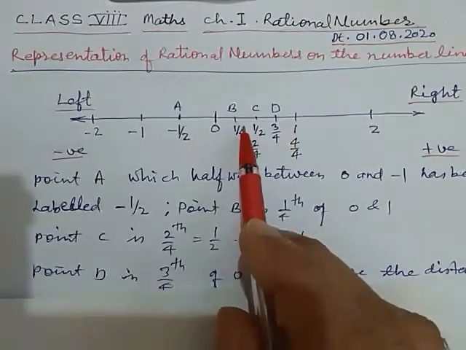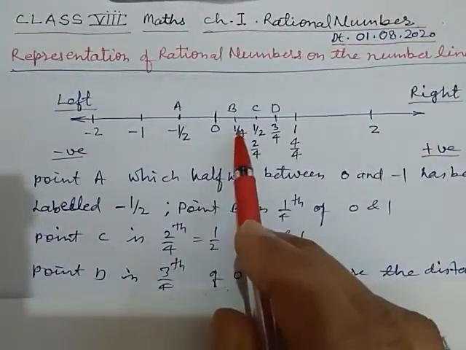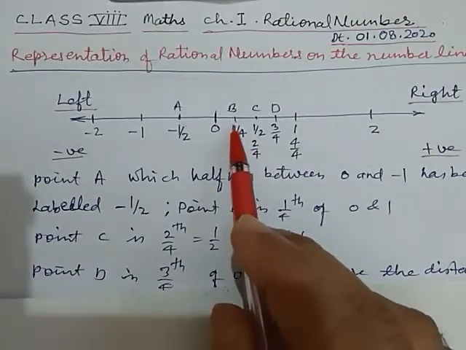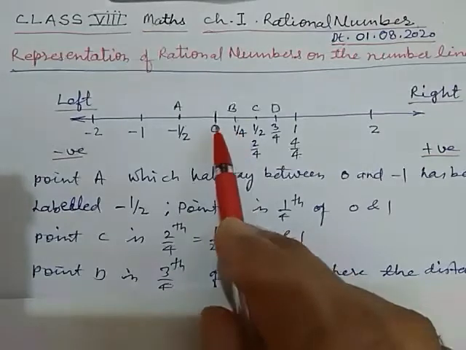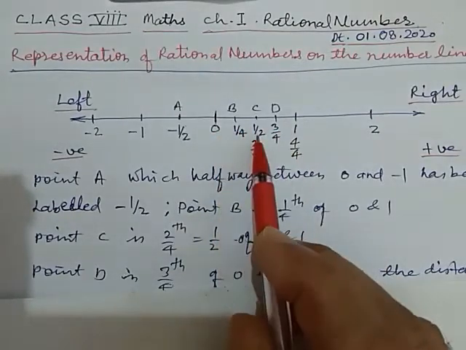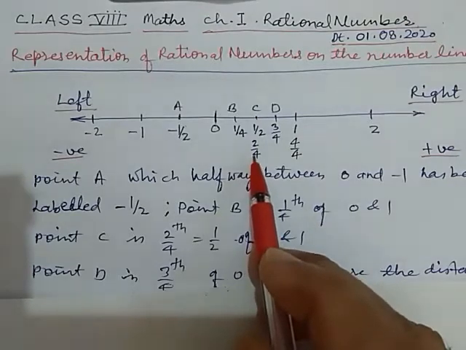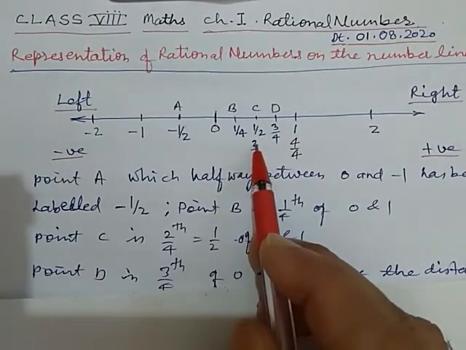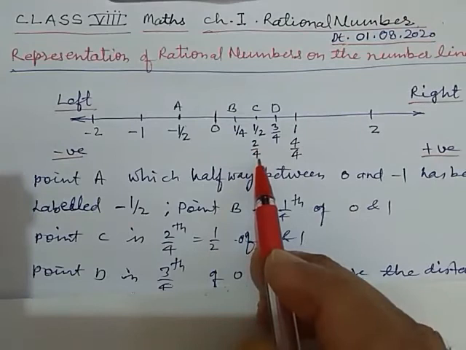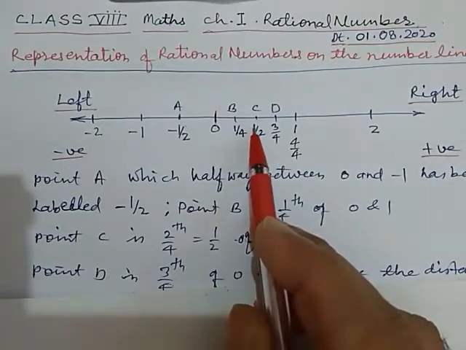Then we have to consider just as many parts as the numerator. Here the numerator is 1, so we consider 1 of the fourth parts. Here we say 2/4, means we have to consider 2 parts of 1/4 each, which becomes half.